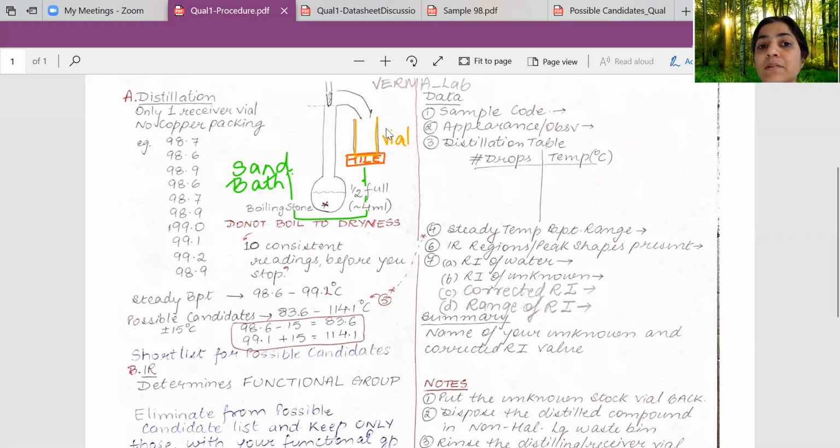For this experiment today, you will only need one vial. Another point to remember is to place your thermometer at the lower part of your side arm. If you do not do this, you will collect wrong temperature numbers.